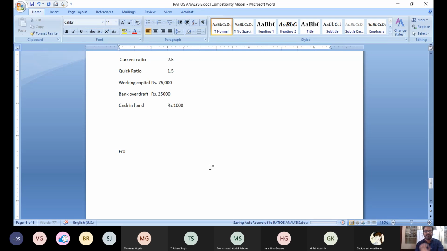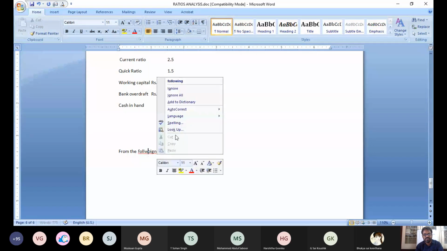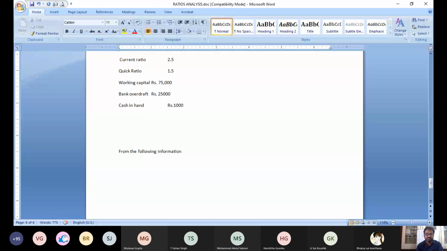The following information: current assets, current liabilities, stock. Current ratio is 5.